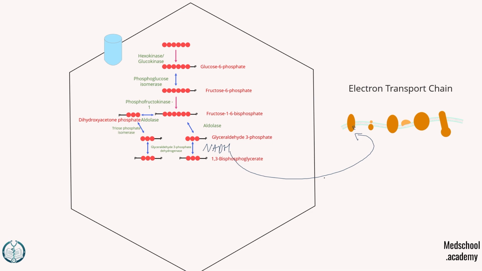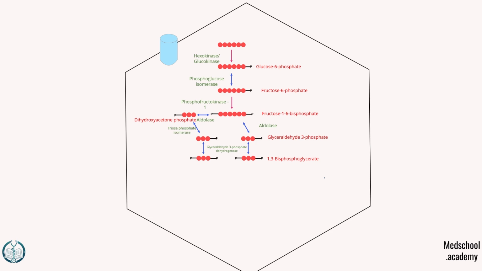So coming back to glycolysis, what's next? Next we have 1,3-bisphosphoglycerate that turns to 3-phosphoglycerate. Now look at what's happening here. We're getting rid of a phosphate group. Now guess where that's going? That's going to an ATP molecule.